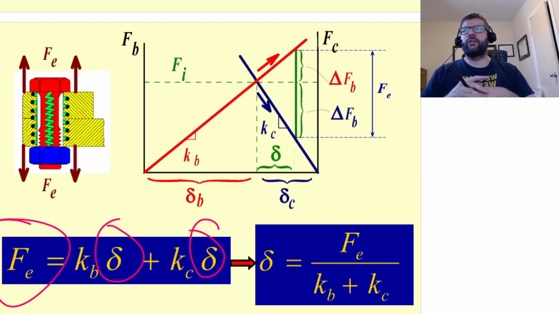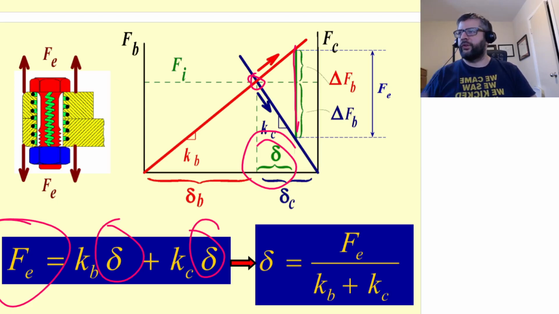So the jointed materials themselves are going to be compressed less, and the bolt's going to be stretched out more, and that's going to be that certain amount of displacement. Again, that's kind of like the extra displacement that's added from the initial equilibrium condition.